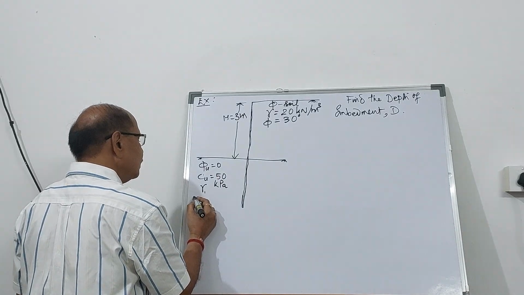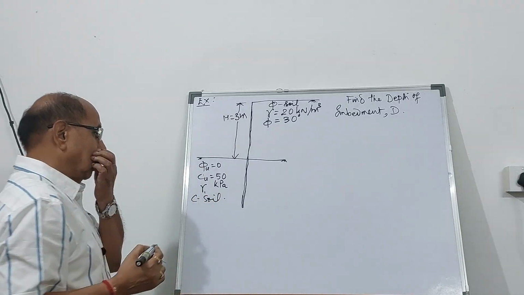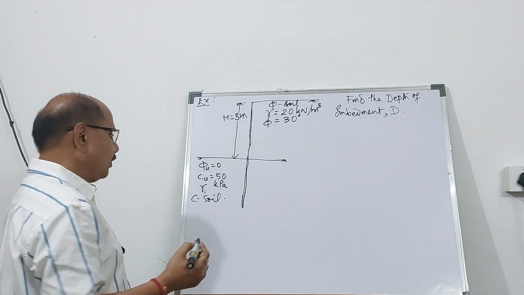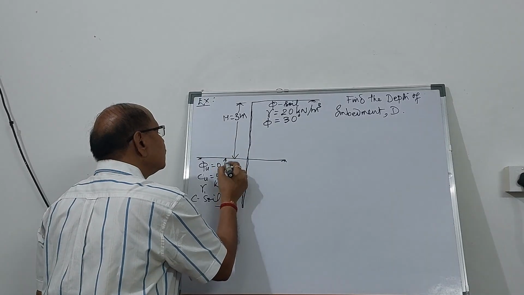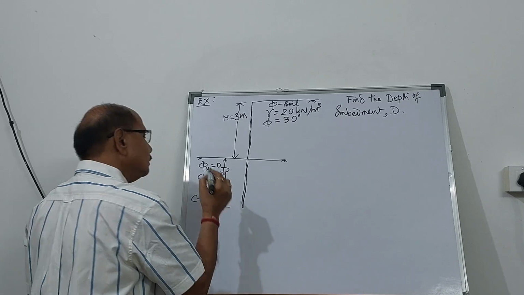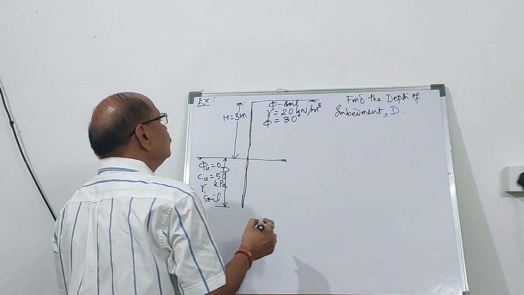So this is the clay soil. And the depth of embedment is D. H is already known to you.